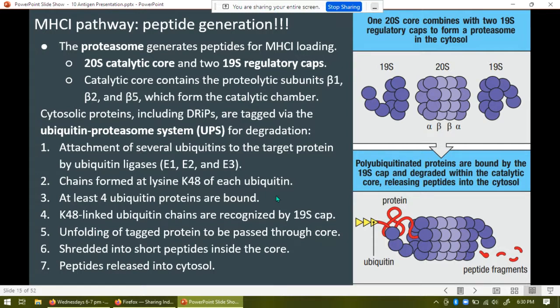And now inside that catalytic core, the protein is shredded into short peptides, basically, and it's spit out the other end and released into the cytosol out through the other 19S cap. And now we have peptides that we can use to give to MHC1 to load MHC1 with. All right. These peptides are the source for MHC1's loading.